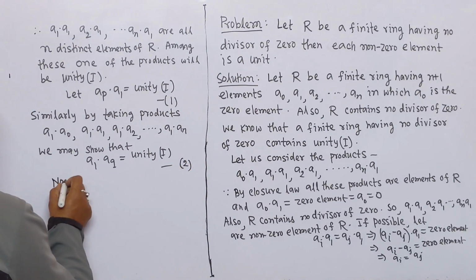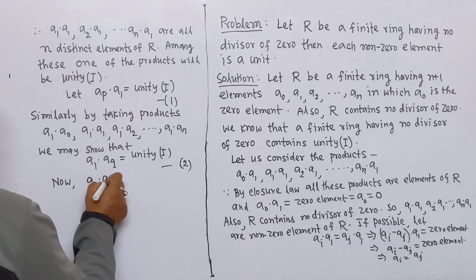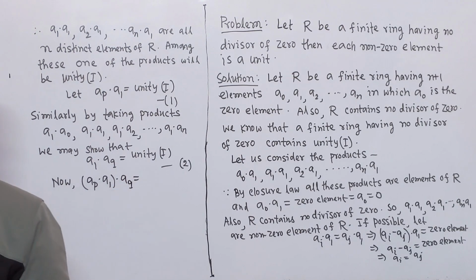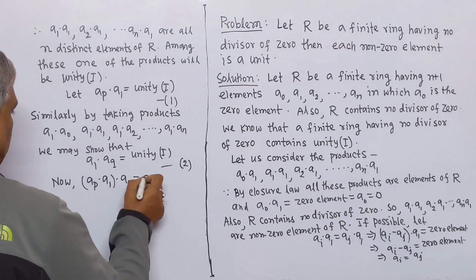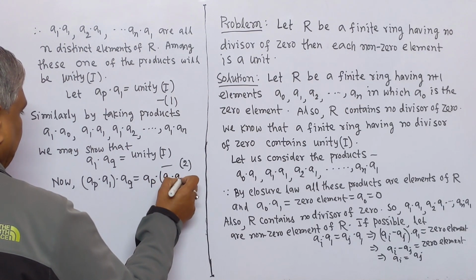Now, ap multiply a1 multiply aq, by associative law, equals ap multiply (a1 multiply aq).